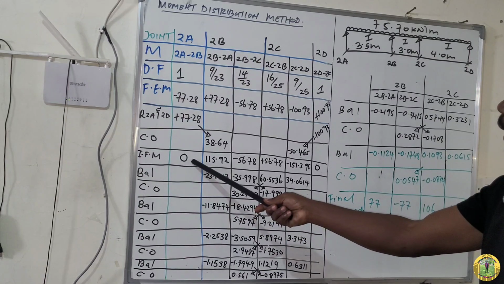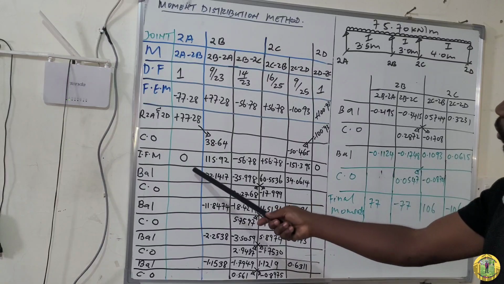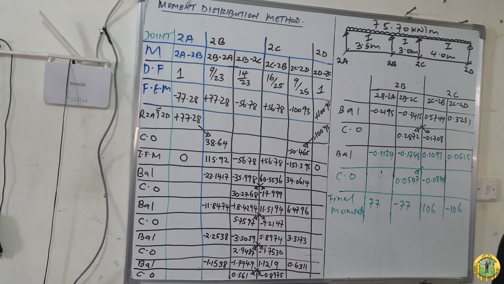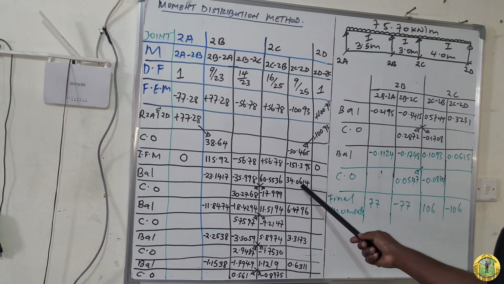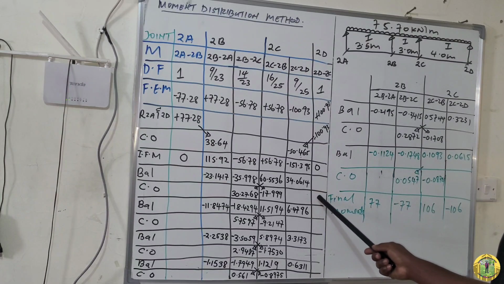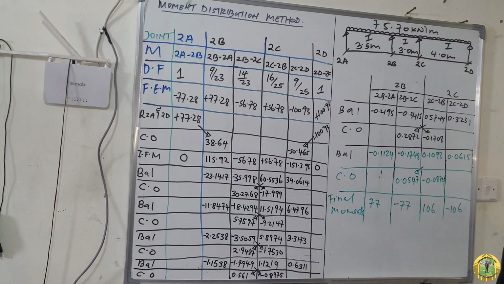So we are not supposed to carry over to this member. We will come again to this one. We are not supposed to carry over a half of this to this member because we have already obtained 0.